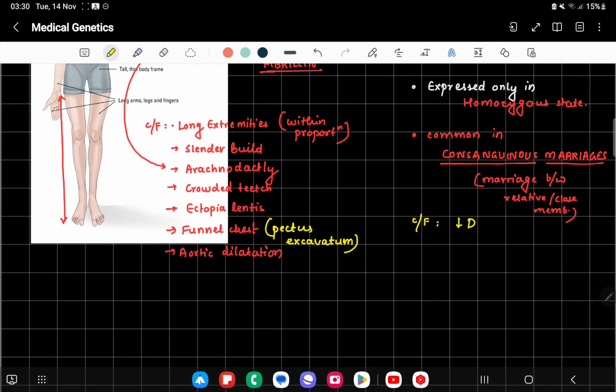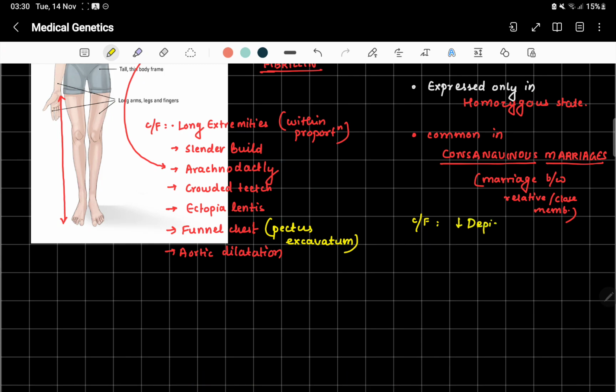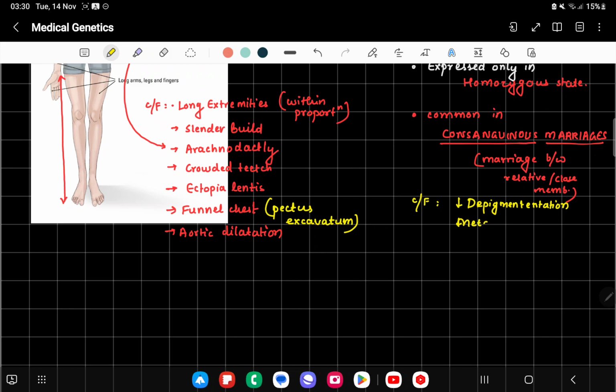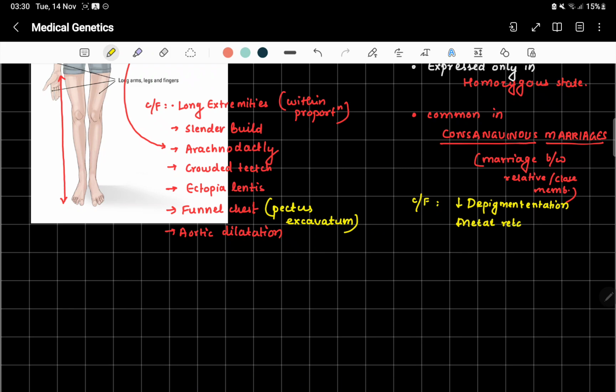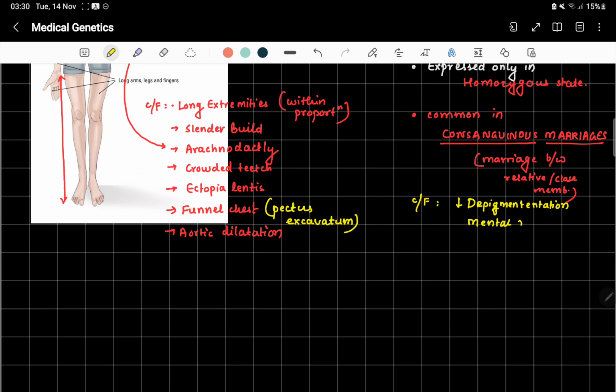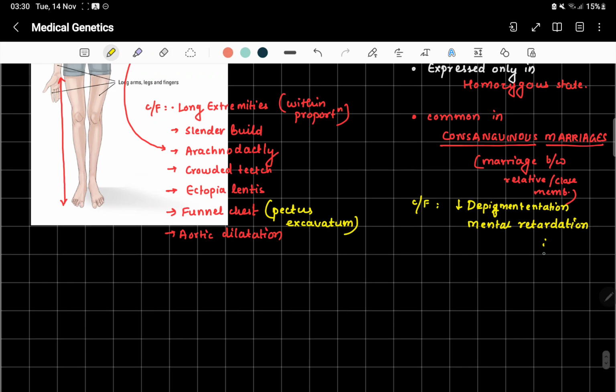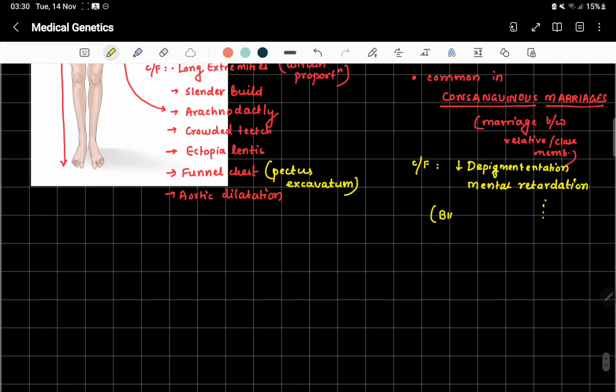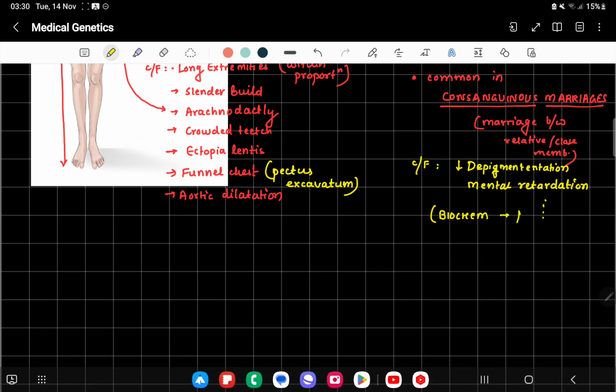There is decreased pigmentation, or depigmentation, and due to accumulation of phenylalanine in your brain, you have mental retardation, along with a host of other features which you read in biochemistry. So refer to biochemistry for details.